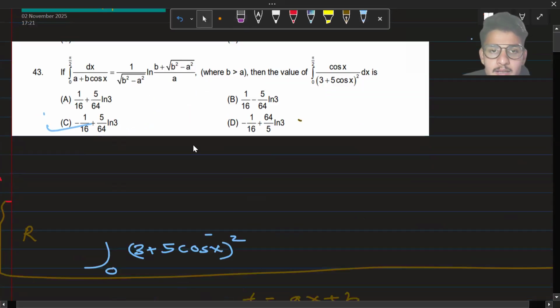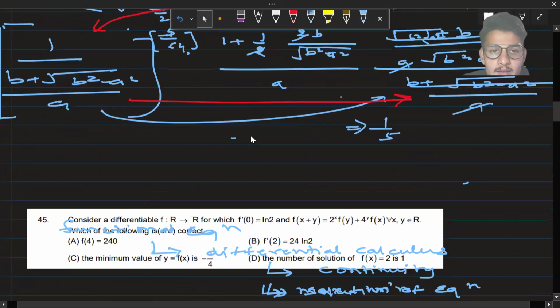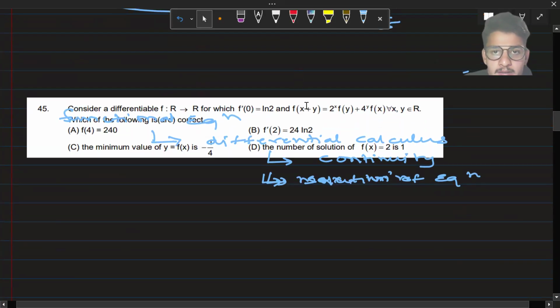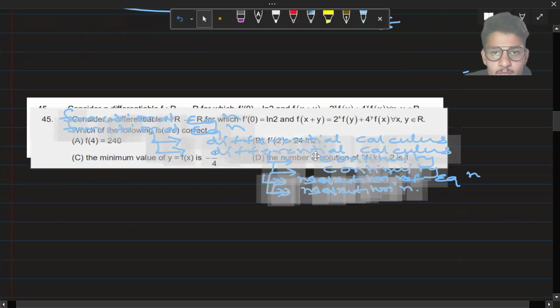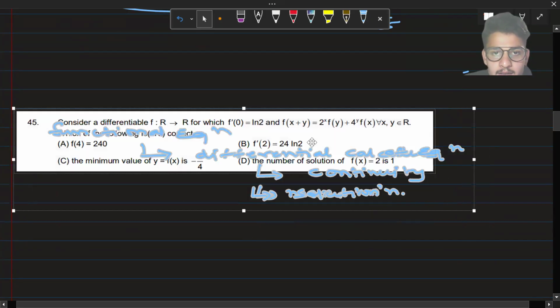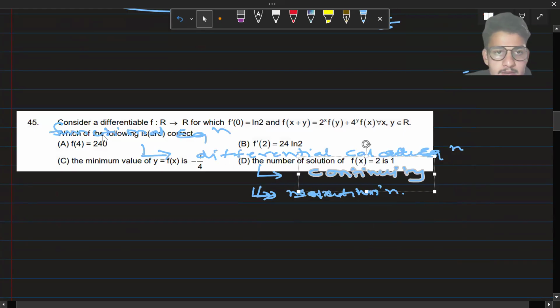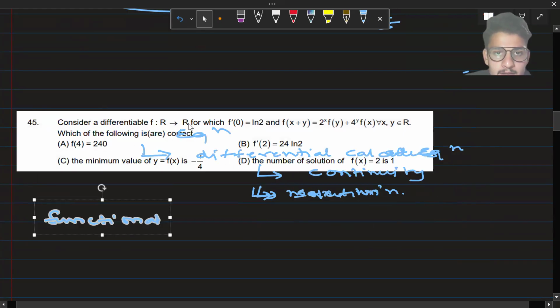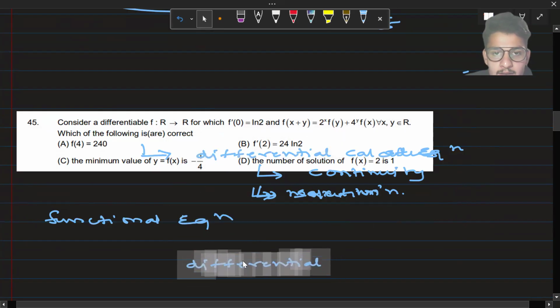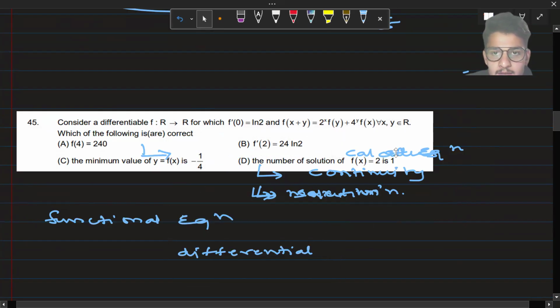Now we will move to the next problem, the 45 problem. It is about functional equations. This is a problem of the functional equation, and what you will see here is that it is a part of functions.